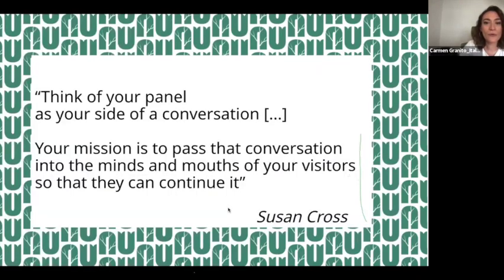So in the end, the main idea behind writing interpretive panels is that a panel should not be just a text that transmits information. It is the start of a conversation. This is also why you should not demand yourself to put everything you want to say about that phenomenon in one panel. An interpretive panel is just the start of a conversation.